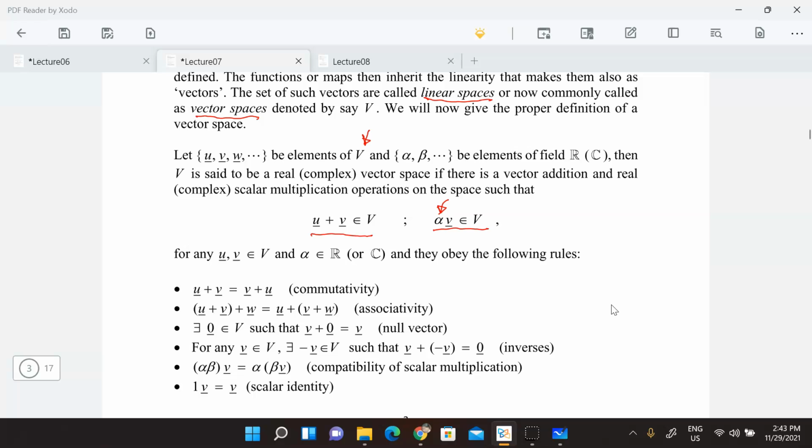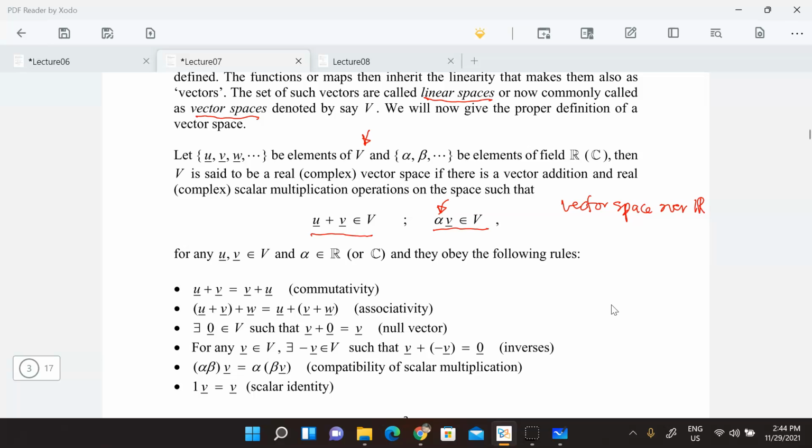For example, if the scalars are simply R, then we say that this is a vector space over R, if your space of scalars is just real numbers.